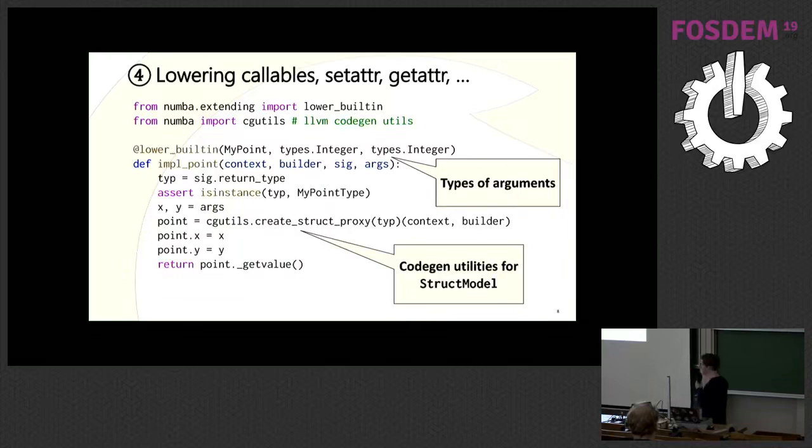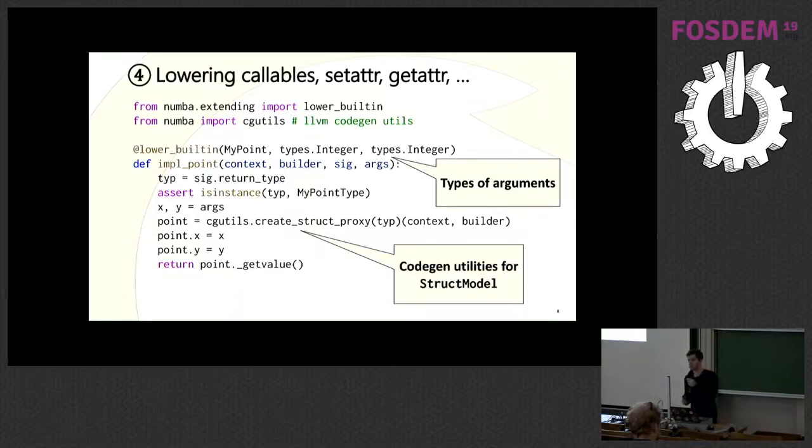So we have an integer argument, the x, and then the y. So the lower builtin is a decorator to say, okay, I have a callable that I want to lower, I have an instruction that I want to lower. This can also be a setattr, a getattr, an addition, basically any operation. And you're going to say, okay, for this particular signature, this is the implementation of the LLVM code.